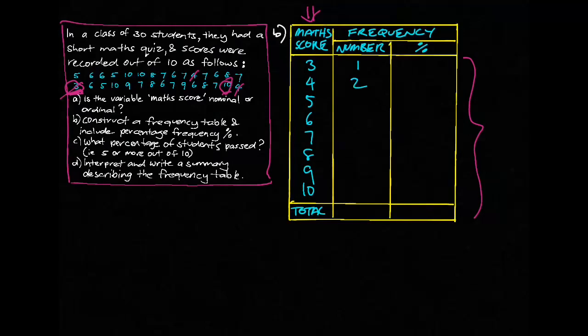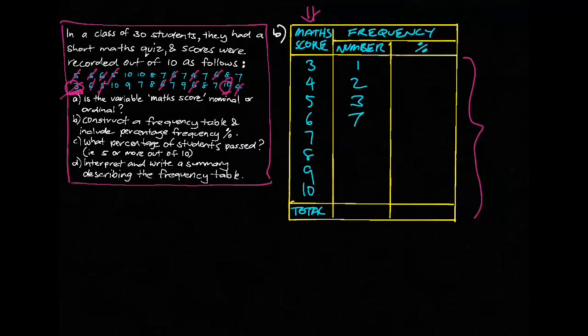In the 5s, we've got 1, 2, 3 5s. So go ahead and put a 3 there. 6s, 1, 2, 3, 4, 5, 6, 7. So 7 goes in there.